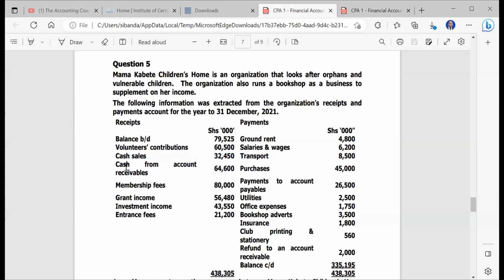I have to also determine the credit sales, and then I'll add the two things together. Okay, so now when I look here, they are telling me cash sales. Definitely, I don't expect to see credit sales here, but what I'm able to see here is cash from accounts receivables. Okay, that is what I'm able to see.